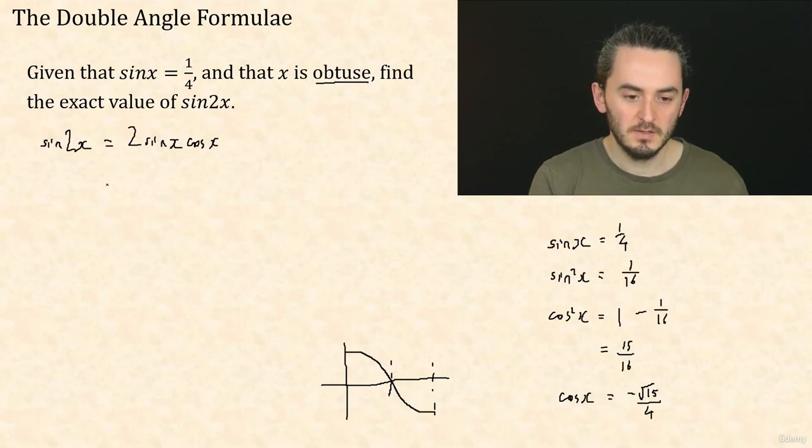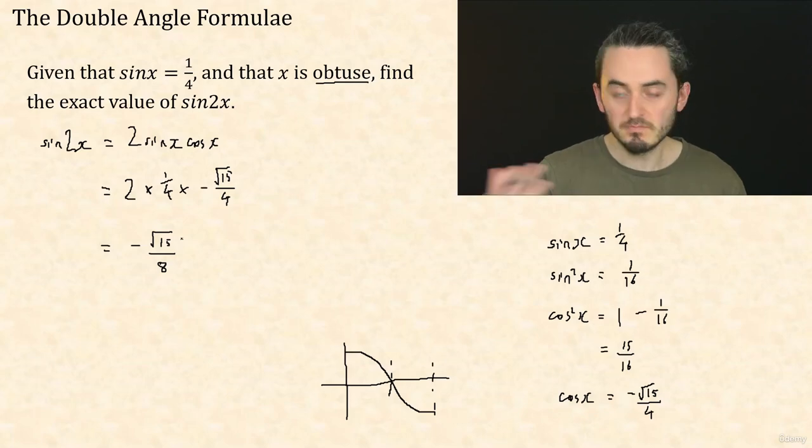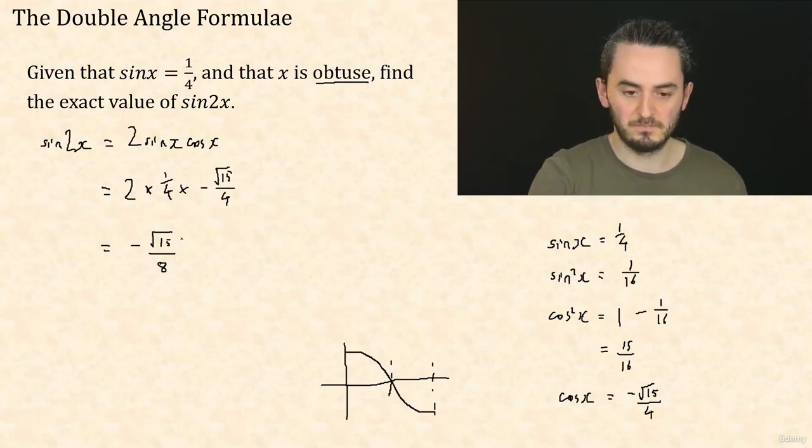So this is 2 times sine x times cos x, which is root 15 over 4. So in total, well, 2 times a quarter is a half, so half of this, so that is minus root 15 over 8. So there's an application of the double angle formula for sine.